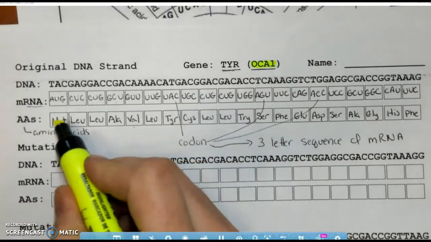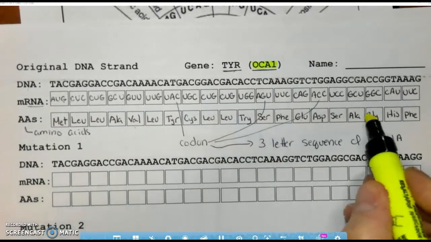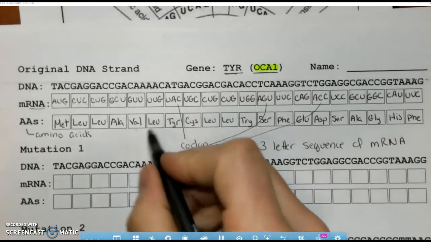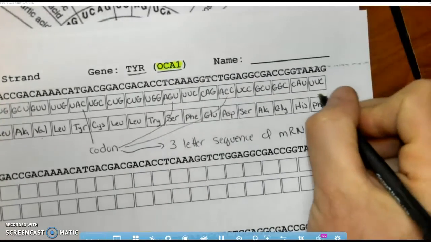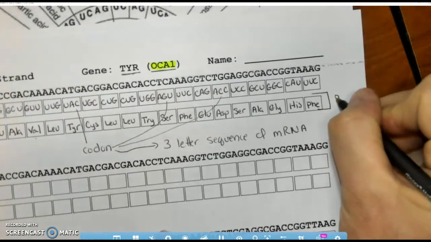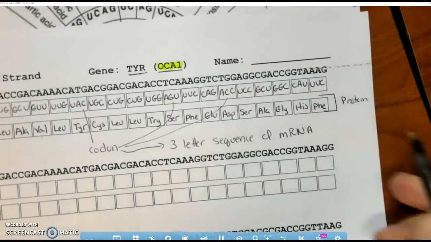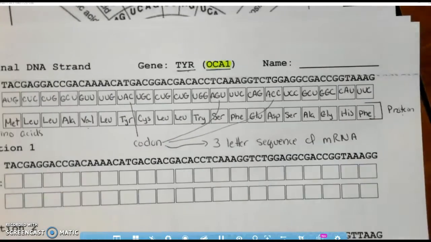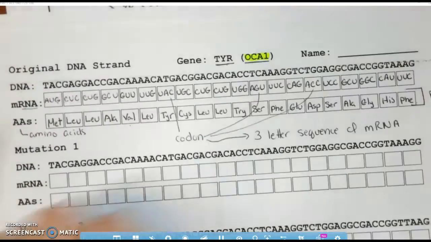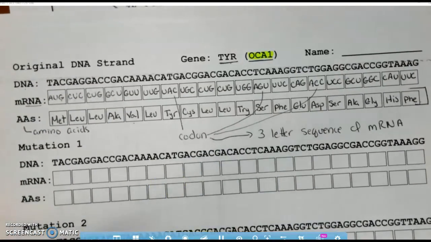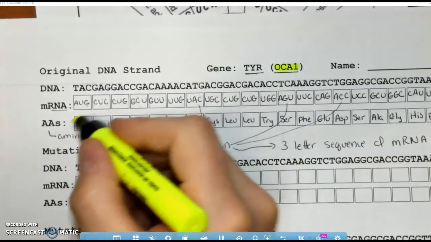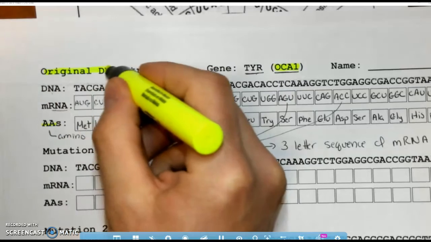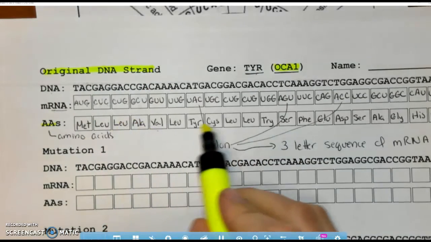This strand right here of amino acids is now no longer one strand of many amino acids. This whole thing is one single protein. And once again, this protein will control albinism. Now, do understand, going back, that this amino acid sequence I just created is my original strand, meaning that this is how it should be.